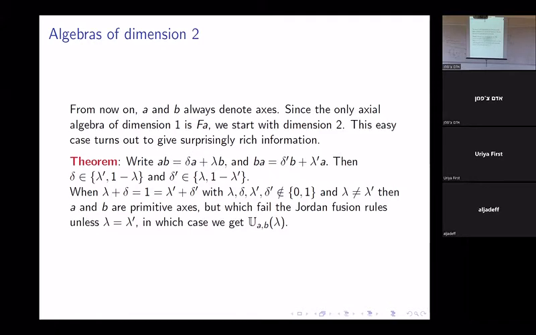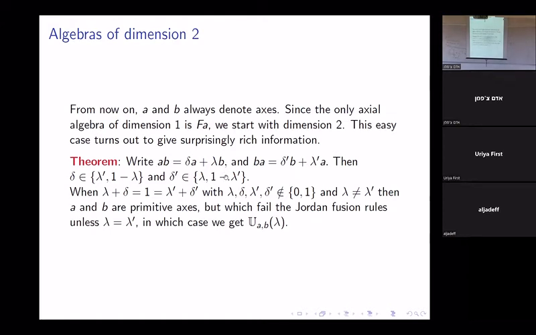So by distributivity, you have the sum of the products of pairs of axes. Each pair of axes generates a two-generated axial algebra. So if you know all the two-generated axial algebras, you almost know everything. Although we'll see that that's a very dangerous statement.